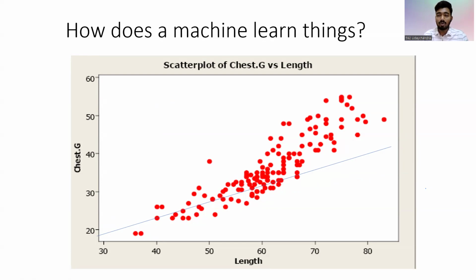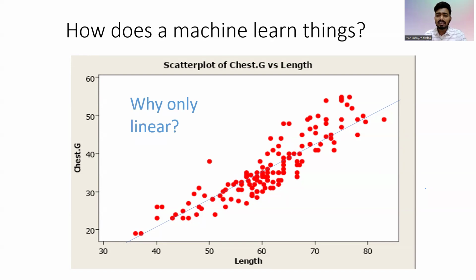Is this a good fit? No, somewhat better. We can move it further, like this, like this. Now this is a good fit, right? If you find a line which is a good fit to the model, then you will get a good result. So now I'm trying to fit a linear equation to these data points.